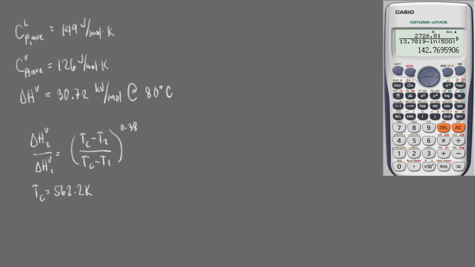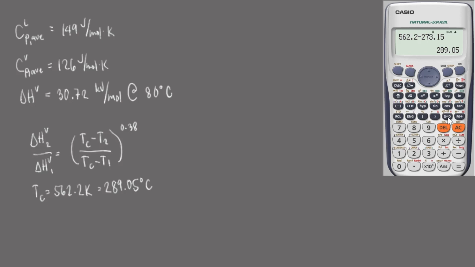Here is one form of the Watson's equation, and we have also determined the critical temperature of benzene to be 562.2 Kelvin. Converting that to degrees Celsius, that is 562.2 minus 273.15. That is 289.05 degrees Celsius. Now for Watson's equation, delta HV2 is the new enthalpy of vaporization at a temperature of T2 or at the new saturation temperature.